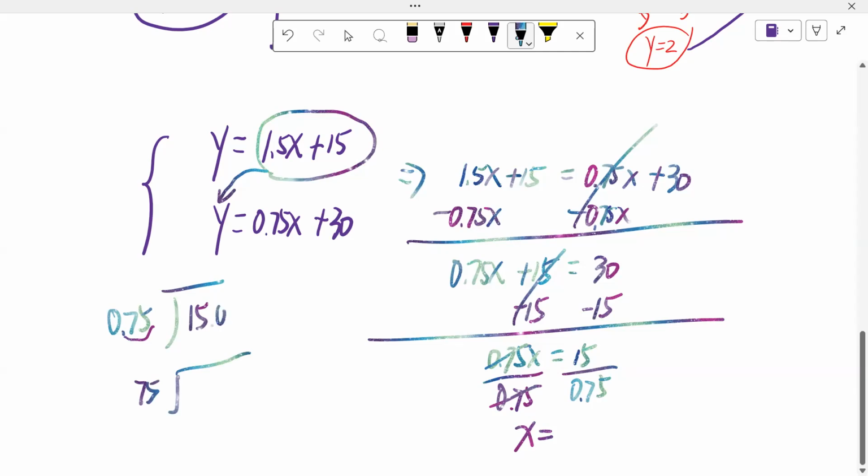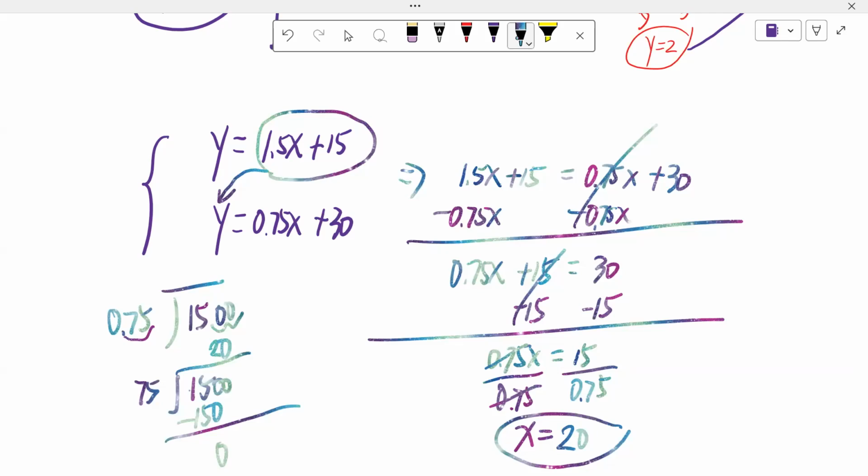Right? Putting a couple zeros and then move the decimal to the right. You get 1500. Now 75 going into 150 two times. And 75, 150 divide evenly, copy that zero, putting the quotient, x equal 20. And then once you have the x value, we can plug into either the first or second equation.